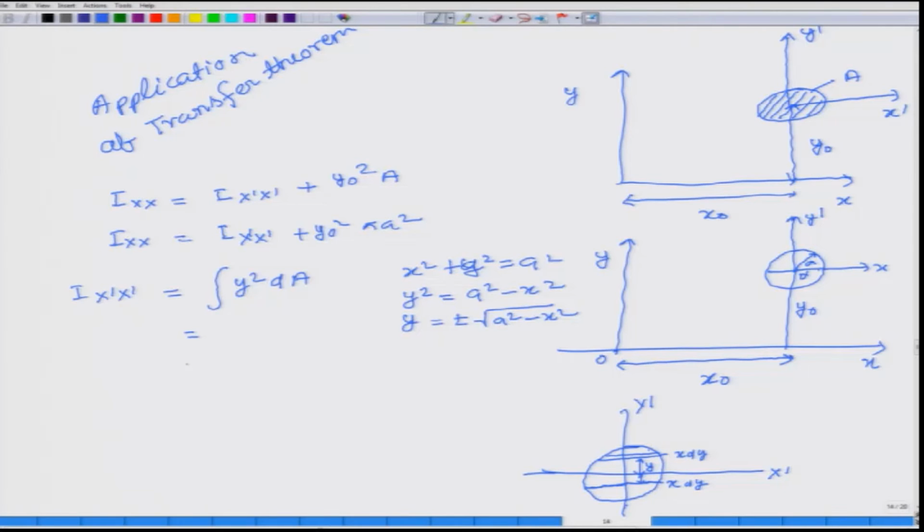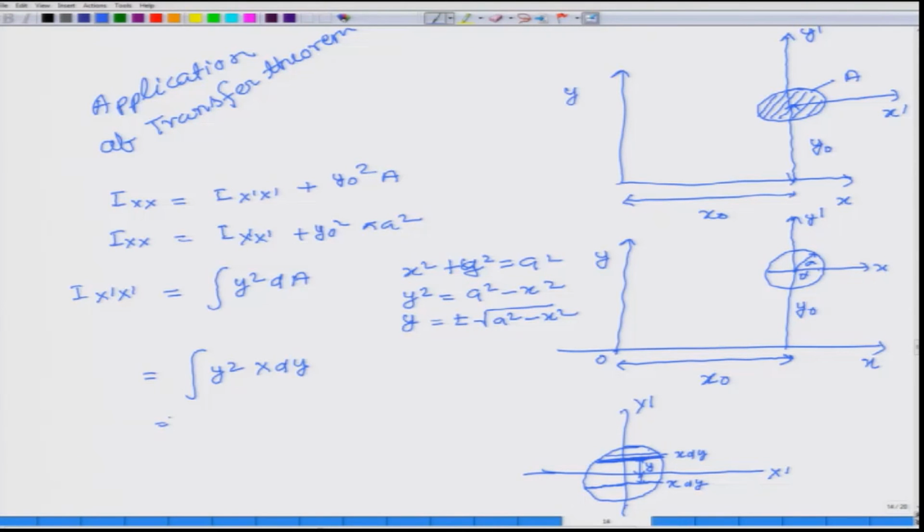So, to find out this integration, we have y square, what is the dA? dA is x dy, right. This is our x distance, x dy.